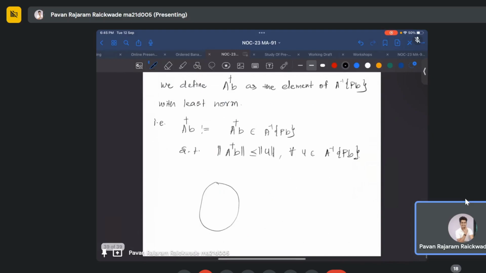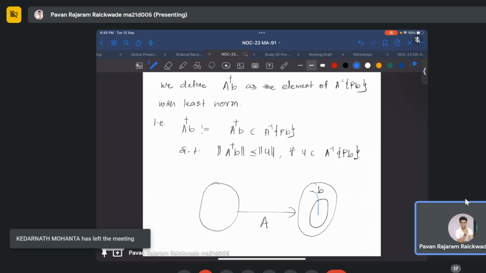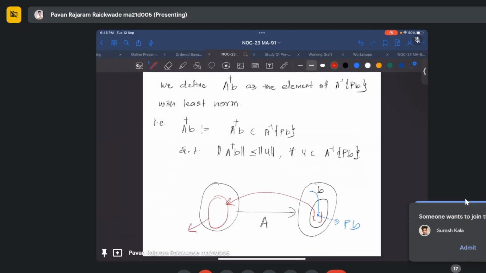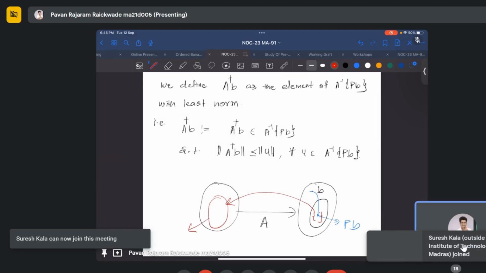If I again give you a pictorial definition, this is your B. You map this B in here. This is your PB, your singleton PB. You take its inverse image. This set is your A inverse PB.